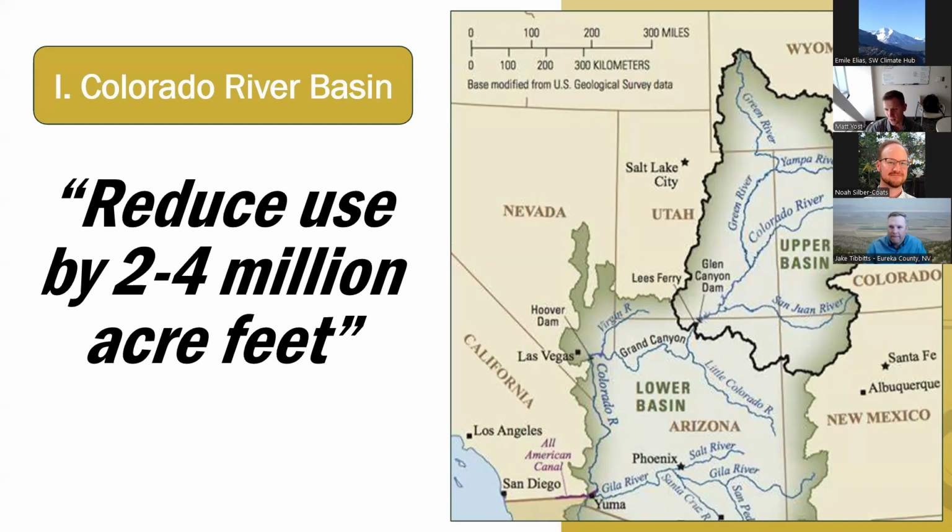And so they called for a large reduction, 2 to 4 million acre feet of water, in those basins in the years that followed.